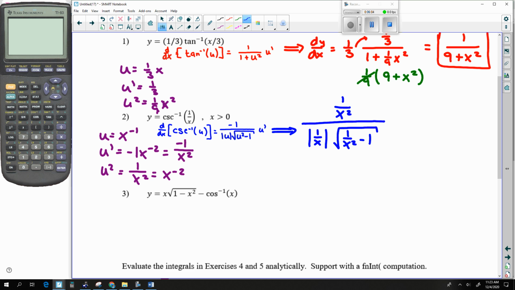Okay, so a lot of cleanup stuff going on. First and foremost, I'm going to work with this inside square root. I'm going to get a common denominator of x squared. So this is 1 minus x squared over x squared, which I'm going to GCF out. Because this is inside of a square root, I can GCF out a 1 over x.